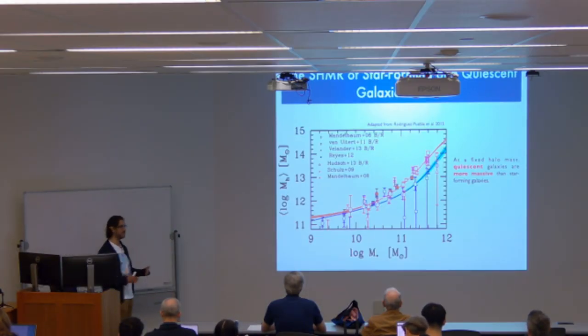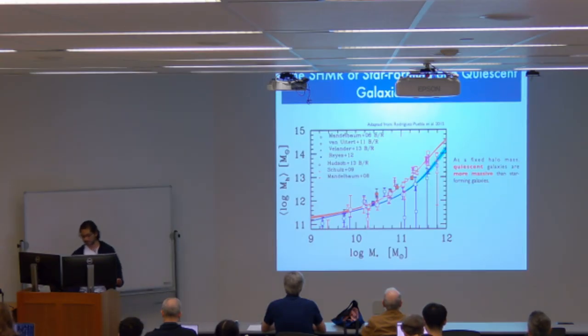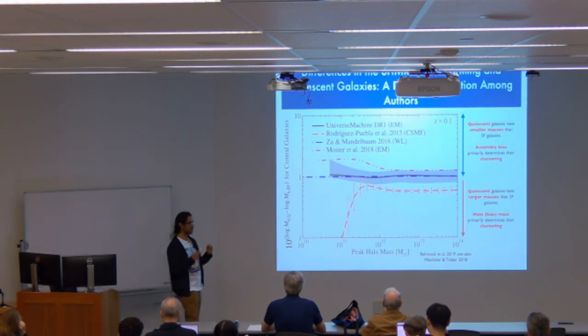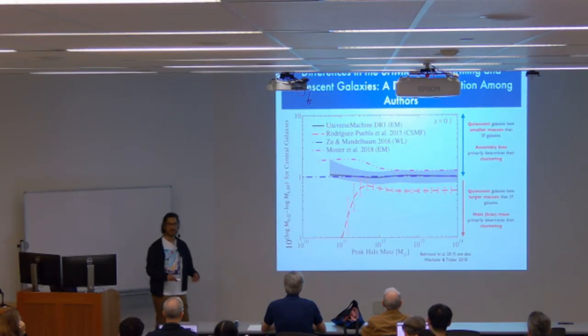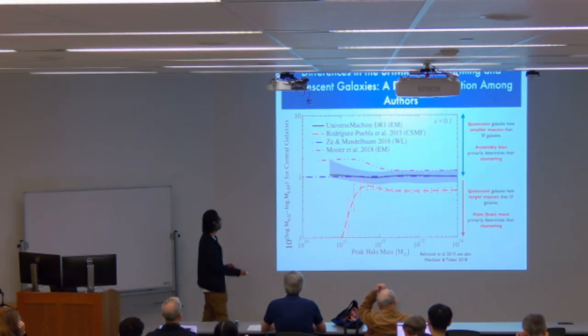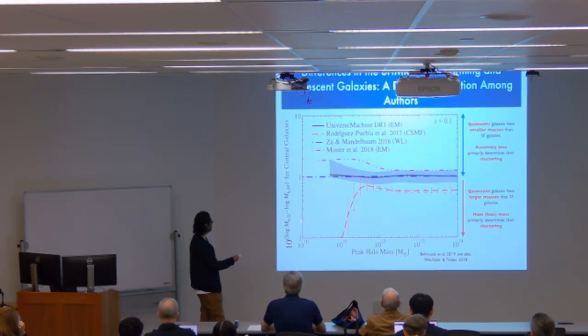So this tells us that some parameter behind this scatter should be the star formation rate or the color of the galaxy. Now, using the halo mass on the x-axis, when we try to understand this from the view of different types of modeling, we know that there is a contention among some authors. So here I'm plotting the difference between the halo mass of quiescent galaxies and of star-forming galaxies.